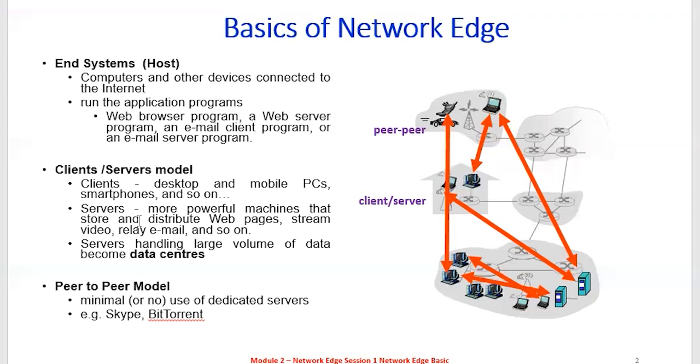They are also used in streaming videos, relaying emails, etc. Since the data handling capacity of servers is large, and due to the advancement of IPv6 and today's traffic, the information handling capability of servers is increasing day by day.